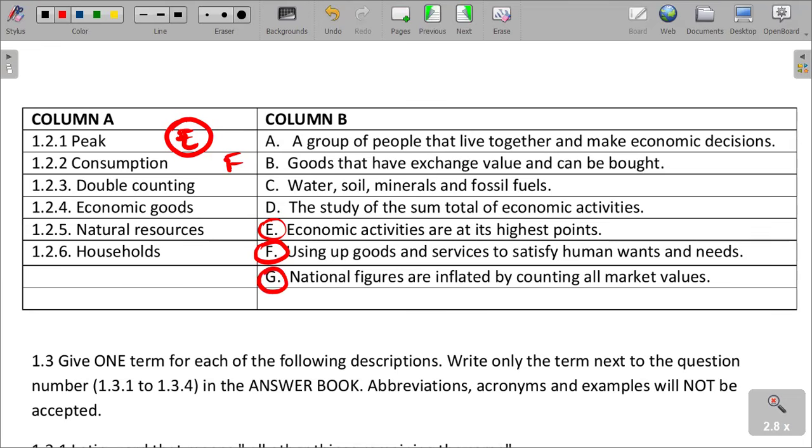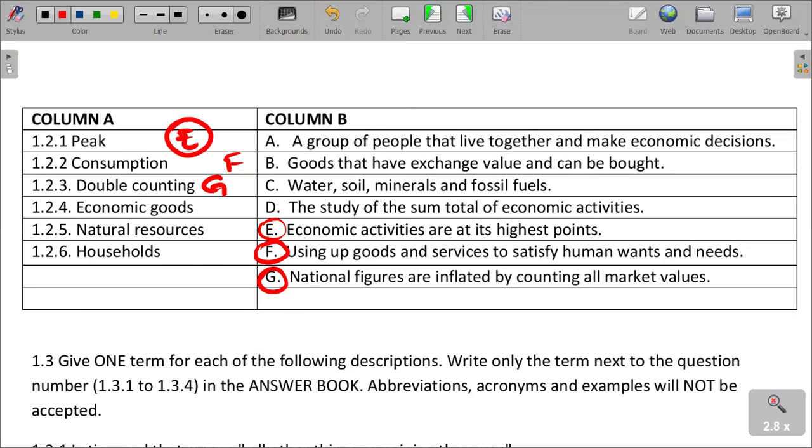We look at national figures and they are spiked, increased by counting all market values. So they are too high, and that results in double counting.